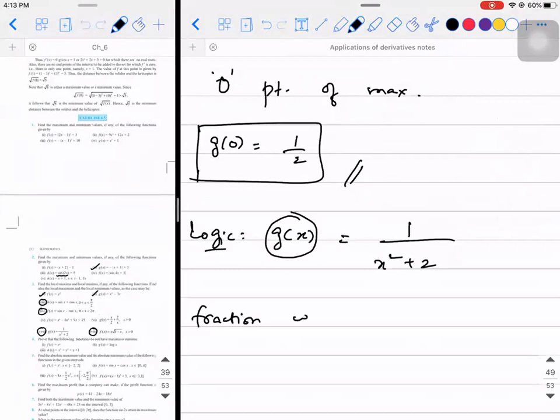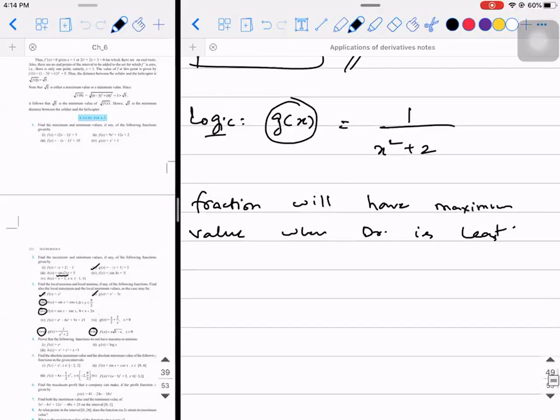A fraction will have a great value, so here in this case, the greatest or maximum value, when the denominator is least. Am I right?